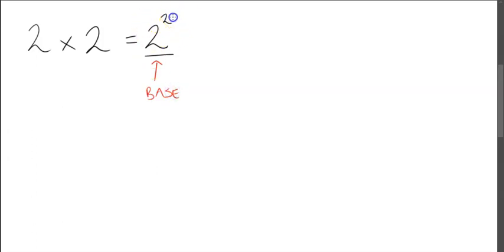And this number that's on the top is called a power, or an indice, or an exponent. There's different names for it, depending on the context. This power is dictated by however many times the base number is being multiplied.